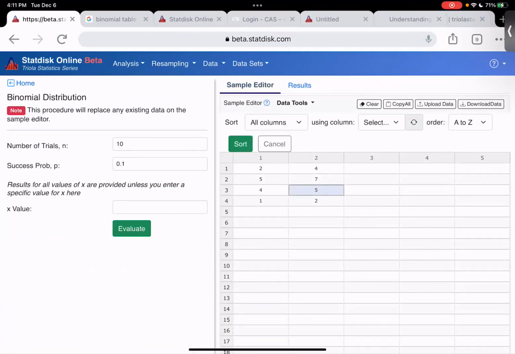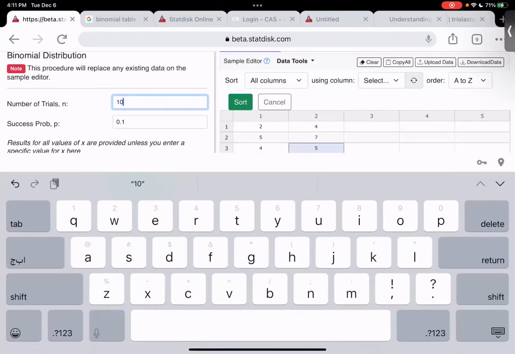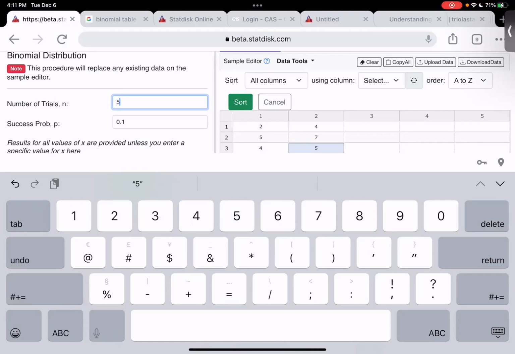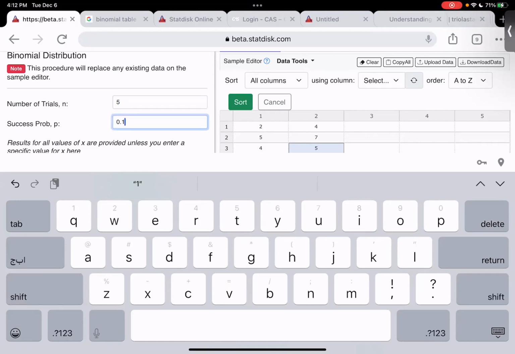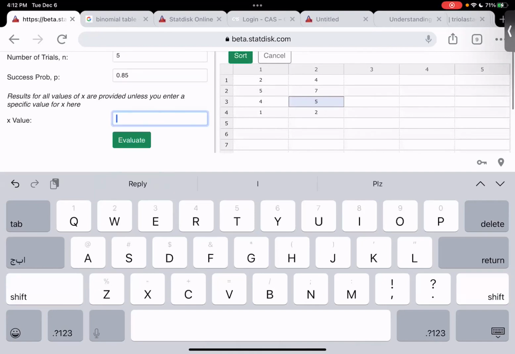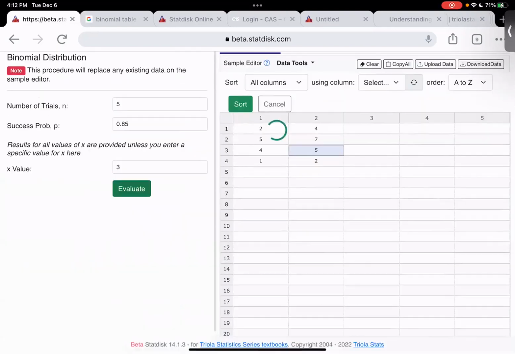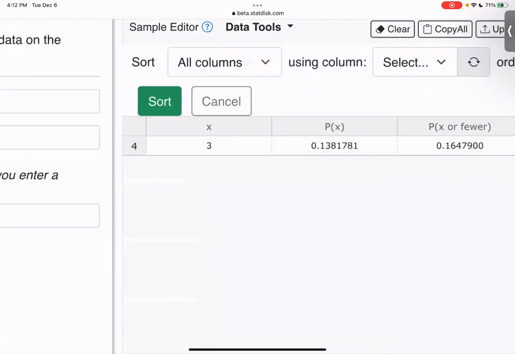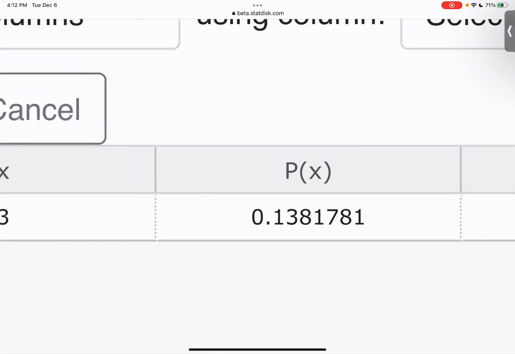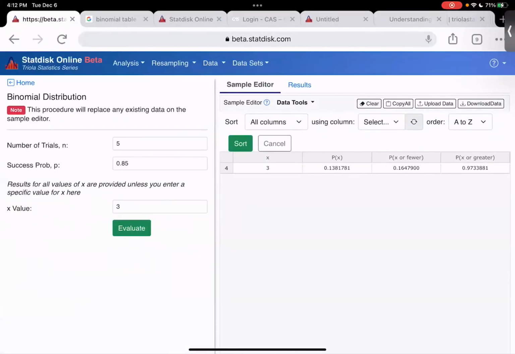The sample size, how many trials do we have? 5. And then the probability of success equals 0.85, right? And then what's the probability? They ask you for probability of X equal to 3. So this is the value of the probability here, which is the same value we found, right? So you can use technology to find this probability.